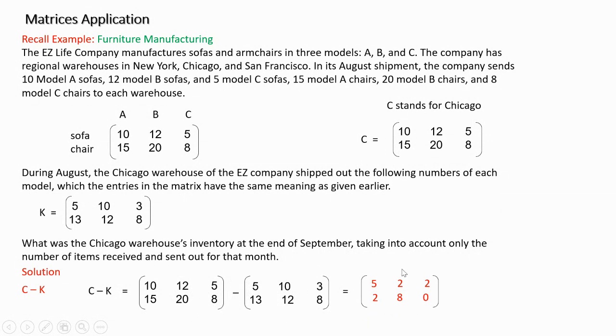So this is a result that's left after these got shipped out, which was represented by K. So this is the items left over. Okay, this is how you can apply it like in real life.